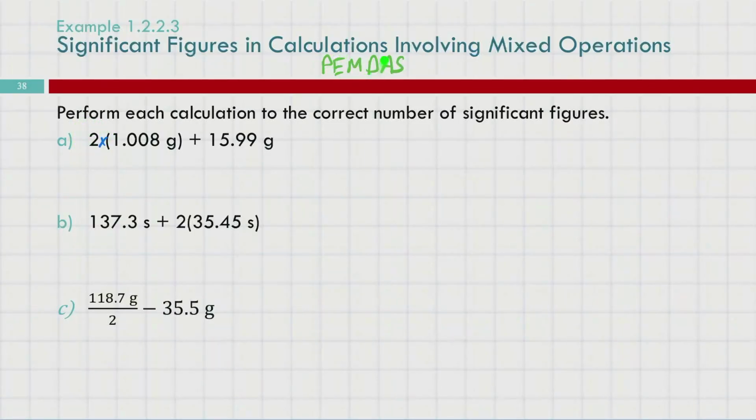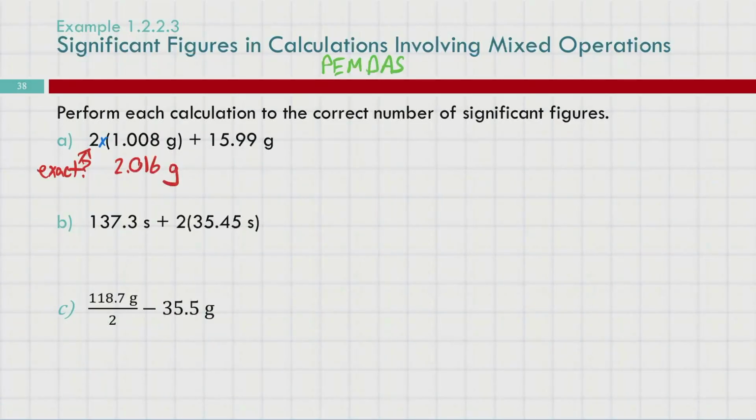We don't have any exponents, so we're going to multiplication division. So we're going to do 2 times 1.008. This 2 is probably exact. Probably, but not definitely. So we would put into our calculator 2 times 1.008, 2.016.